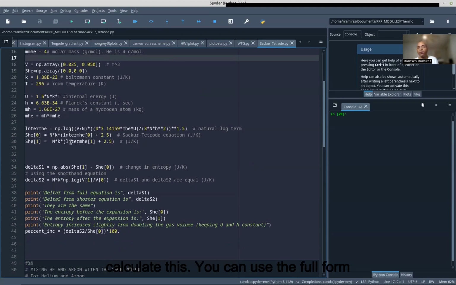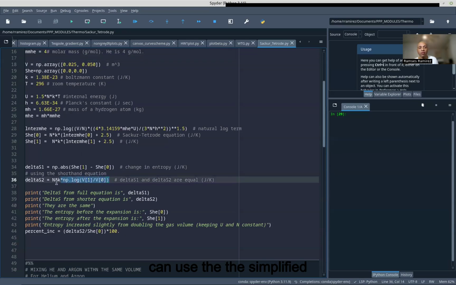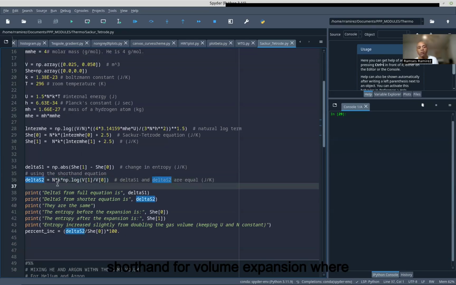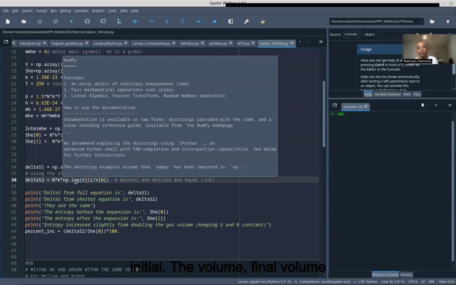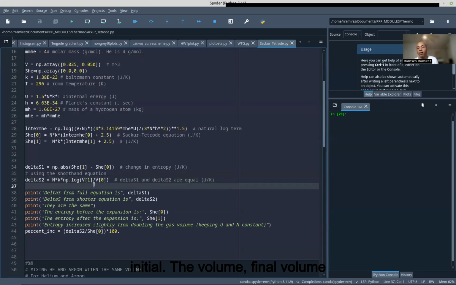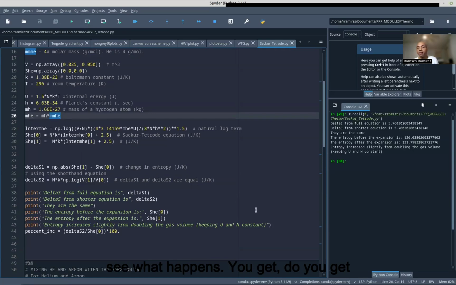You can use the full form of the Sackur-Tetrode equation, or you can use the simplified shorthand for volume expansion, where you have Nk times the natural log of V final over V initial, the final volume over the initial volume, and see what happens. Do you get comparable answers?